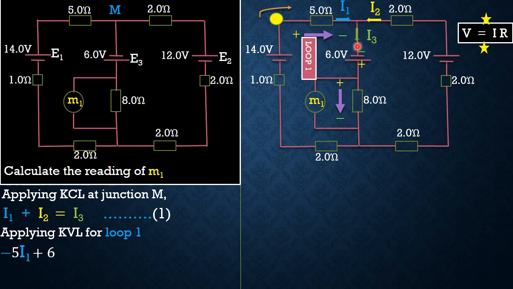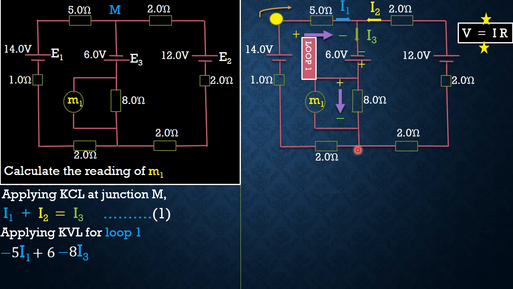IR. What is I? I is the current flowing through this branch, which is I3. I3 flows here continuously. So this is now going to be -8I3.